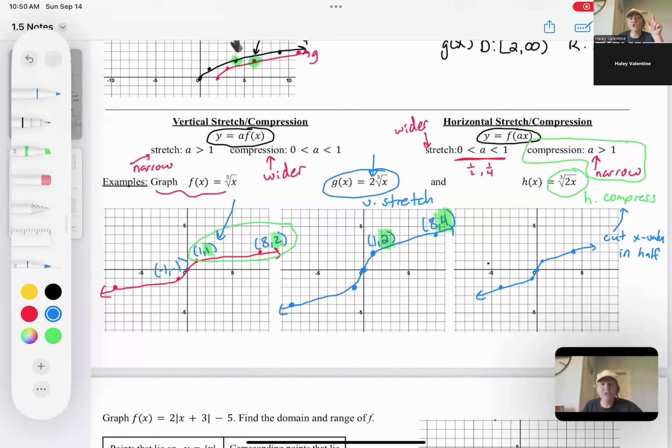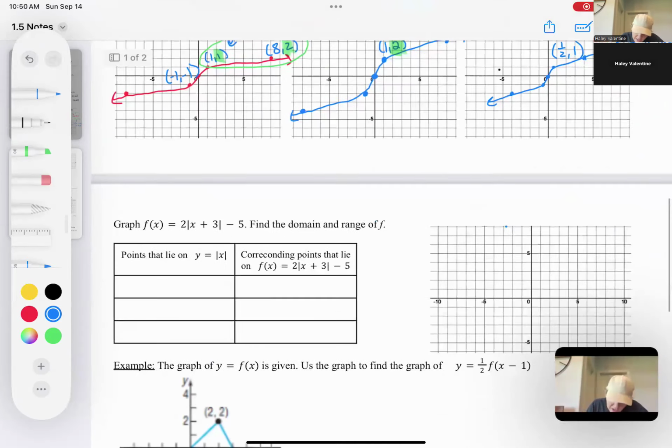So both the vertical stretch and the horizontal compression make your graph grow quicker. With the horizontal compression, it takes half the amount of x values to get the y values that the parent function did. So I think writing out those ordered pairs really helps clarify what's happening when you're comparing it to the parent function. So horizontal affects the x's, vertical affects your y's.